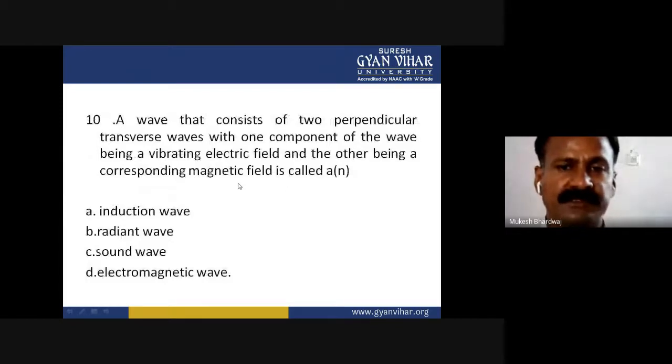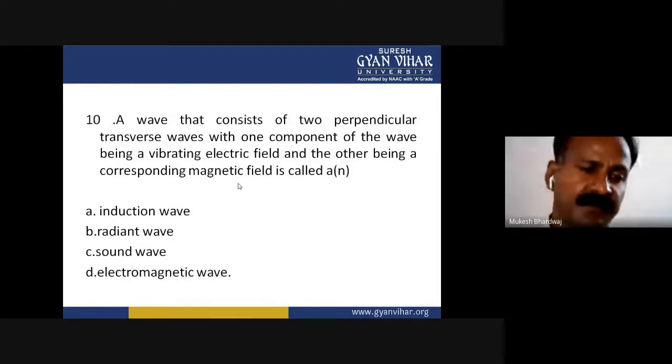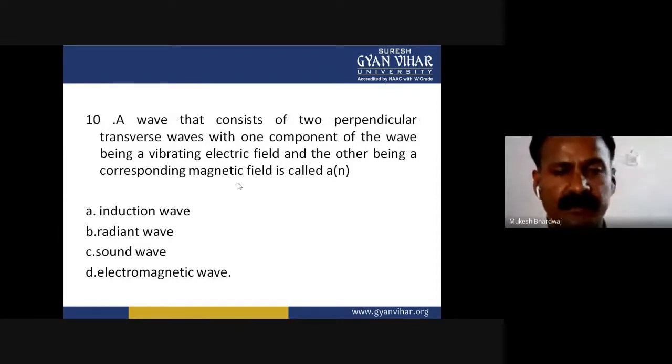A wave that consists of two perpendicular transverse waves, with one component being a vibrating electric field and the other a corresponding magnetic field, is called: induction wave, radiant wave, sound wave, electromagnetic wave.